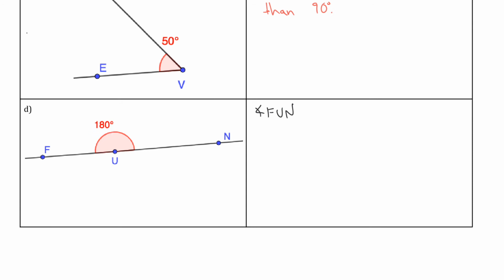So that means that angle FUN is a straight angle because it measures exactly 180 degrees.